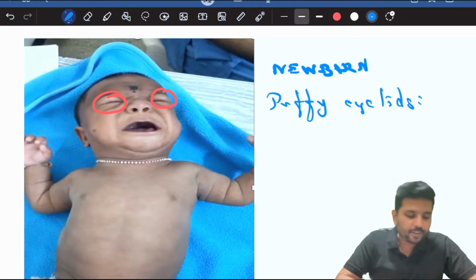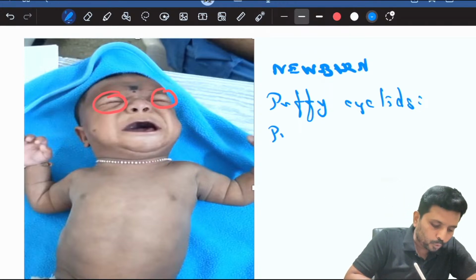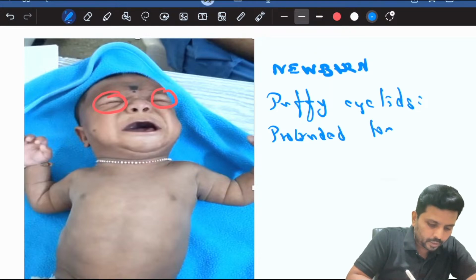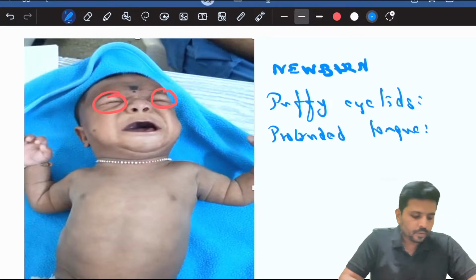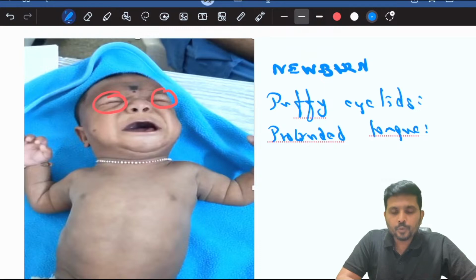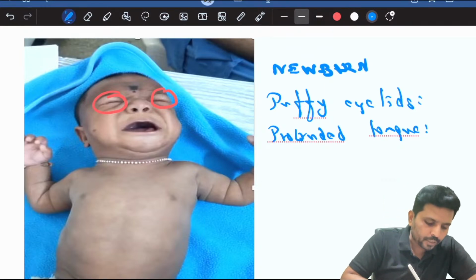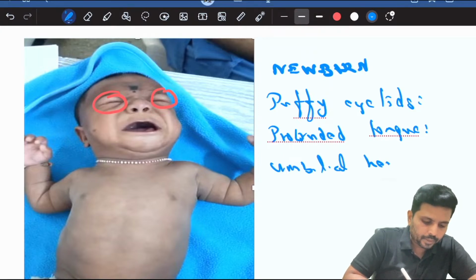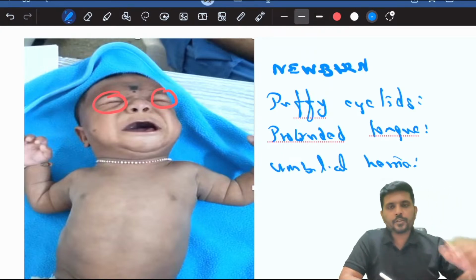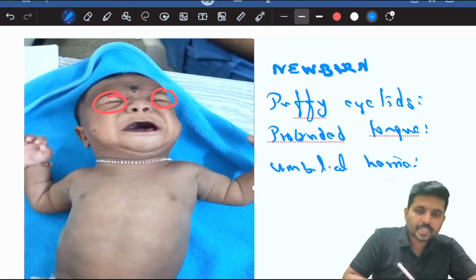Whenever you see a newborn with puffy eyelids along with protruded tongue, what is that? Another clue is umbilical hernia. And also the mentation will be poor.